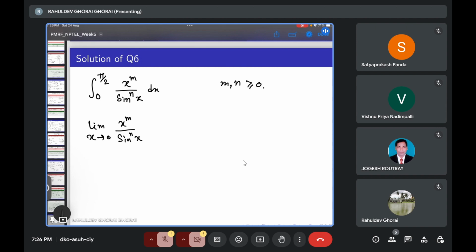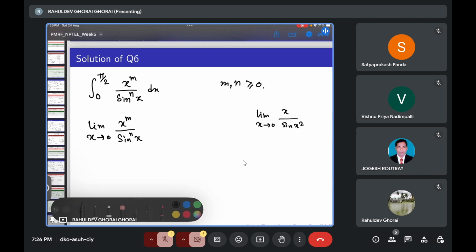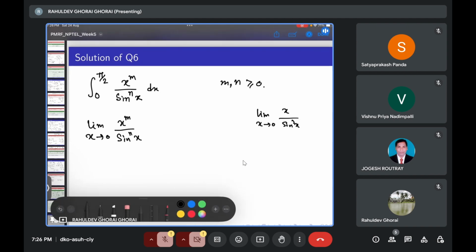Because if you take, maybe like this, the limit as x tends to 0 of, let's say, x over sine square x, that limit does not exist.